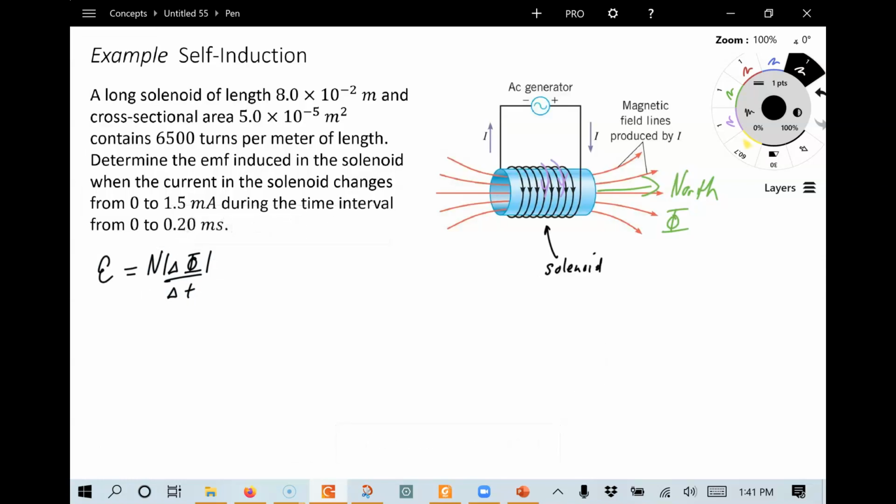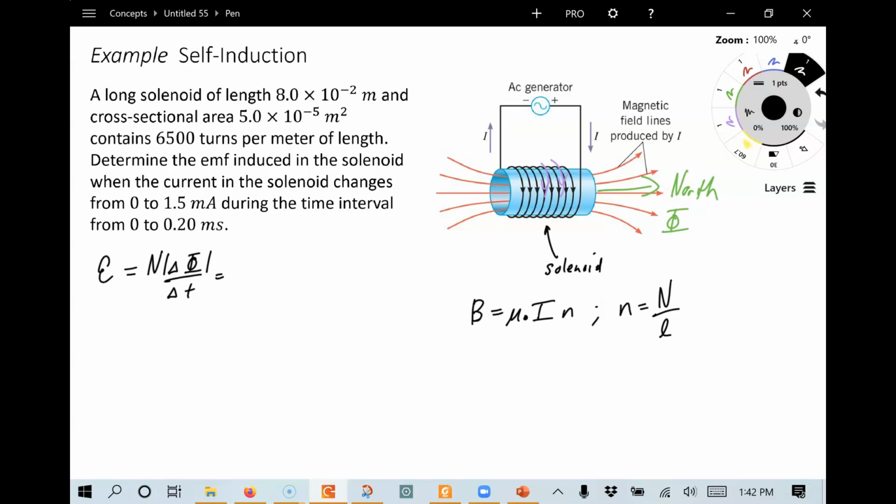So the first thing we need to know is that the magnetic field is produced itself by the solenoid. Remember that the equation for the constant magnetic field through the solenoid, B, is equal to mu naught times the current in the solenoid times n. n is the number of loops per unit length, right? So n is the total number of loops, capital N, divided by the length of the solenoid. We're going to put that into our equation now.